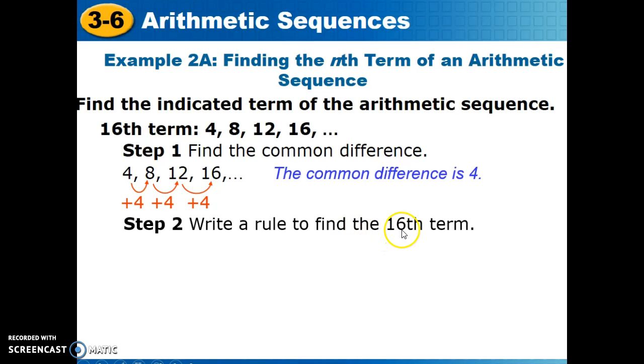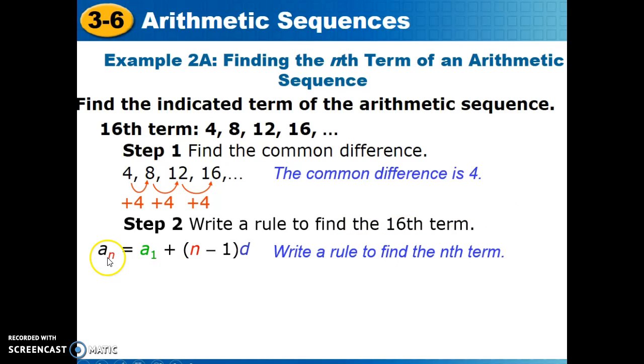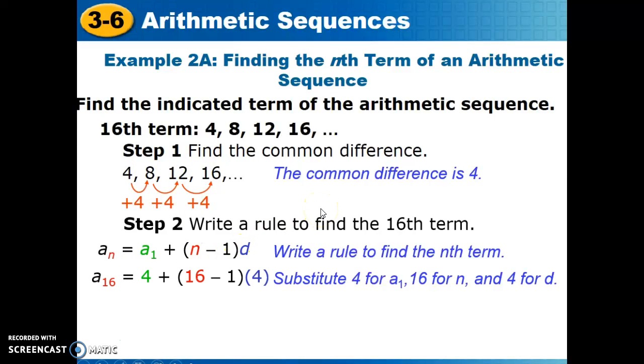Write the rule to find the 16th term. We know that a sub 16 is the first term plus 16, we're finding the 16th term, 16 minus 1 times our difference. Substitute 4 for a sub 1, since that's our first term, 16 for the number of term we're looking for, and 4 for the difference.